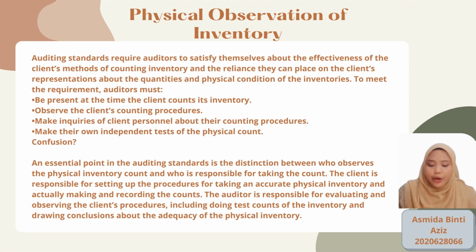An essential point in the auditing standards is the distinction between who observed the physical inventory count and who is responsible for taking the count. The client is responsible for setting up the procedures for taking an accurate physical inventory and actually making and recording the counts.